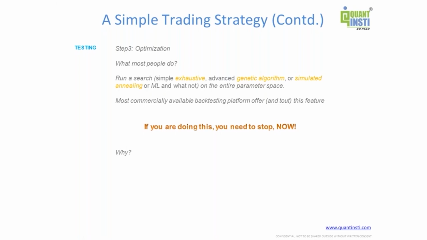If you're doing this, you need to stop now. Many platforms actually offer this as a feature, where you can run this exhaustive search, or use a genetic algorithm or simulated annealing or machine learning or whatever. But this is a very, very wrong way of doing things.